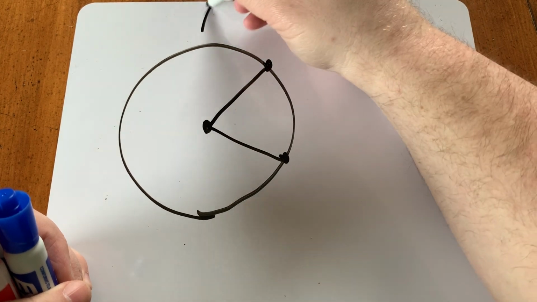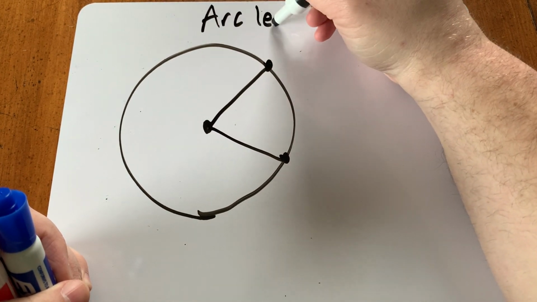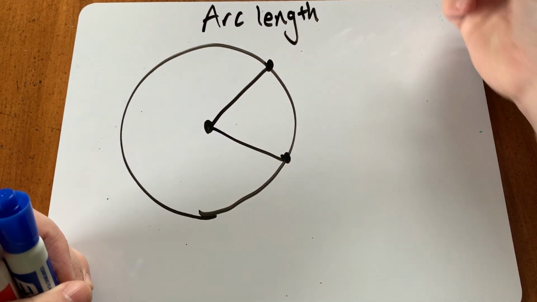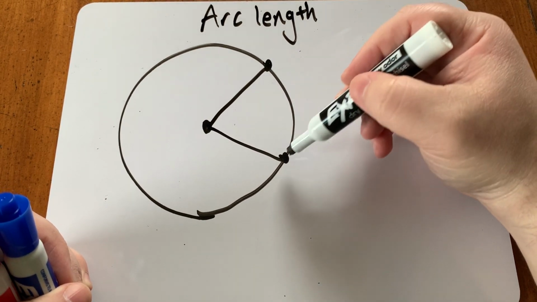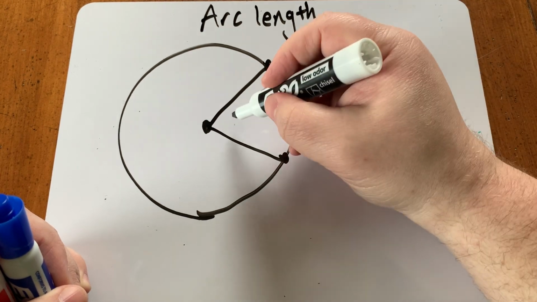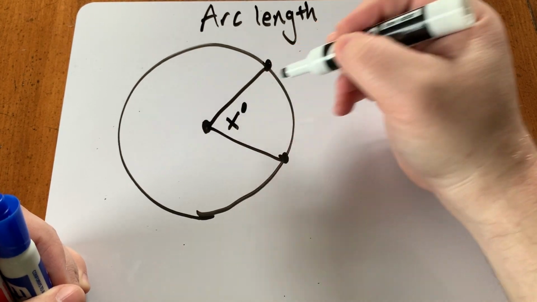So if we're talking about arc length, arc measure is equal to the measure of the angle that intercepts the arc.